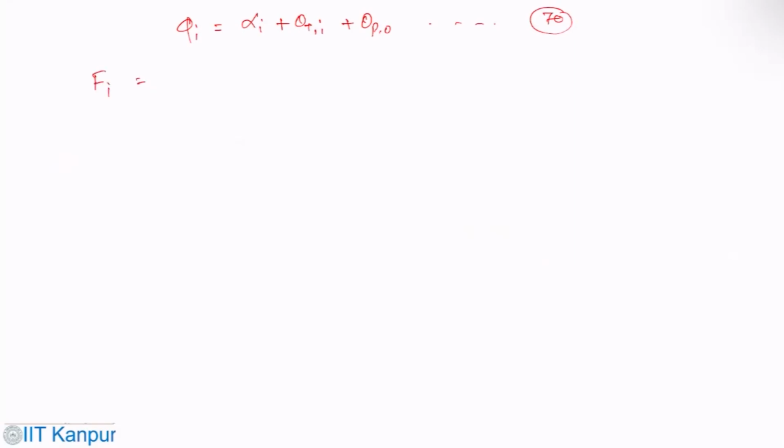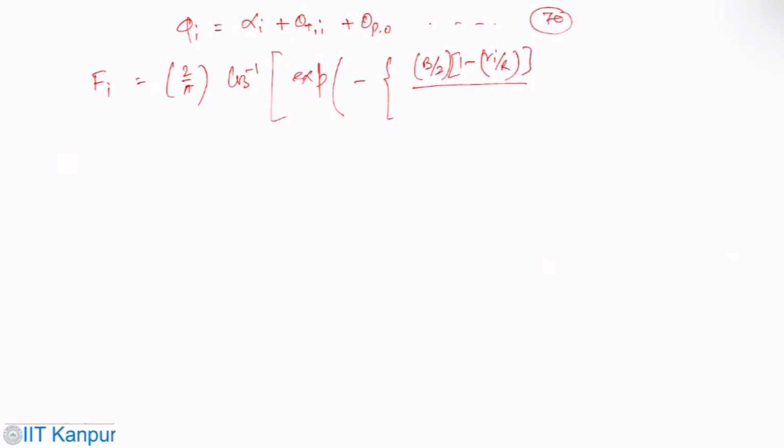And our Fi is 2 by pi cos inverse of exponential of minus B by 2 times (1 minus Ri by R) divided by (Ri by R) sin phi.